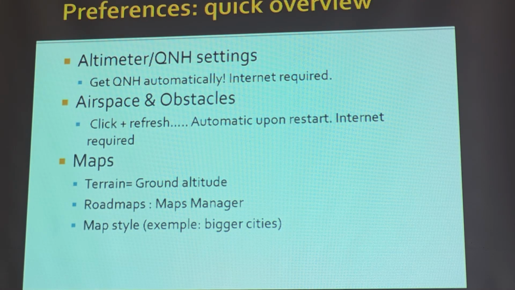Other things about preferences. We talked yesterday about obstacles. That's why you can also activate the obstacles in the preferences, airspace and obstacles. And regarding the maps, we will talk a little bit later about the maps. But if you want to make a special rendering of your maps, you will see there a special place where you can put your XML file to describe the way you want to render your maps.